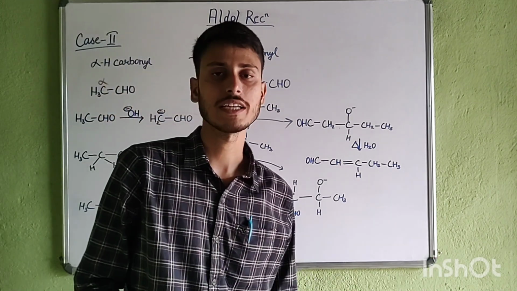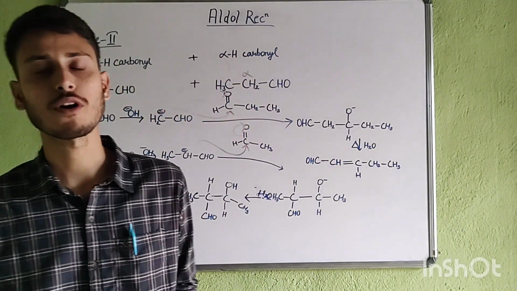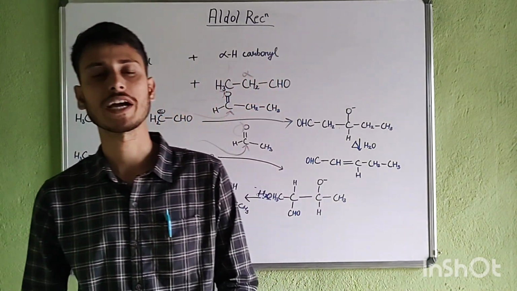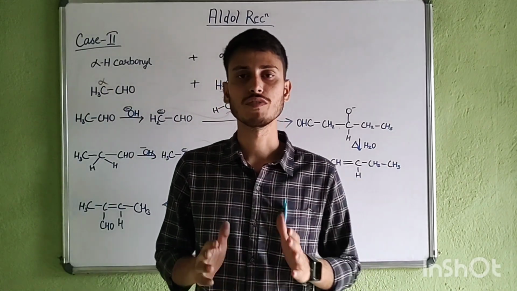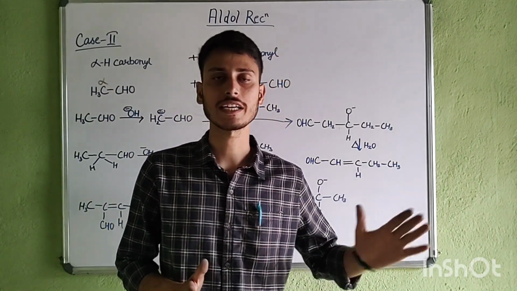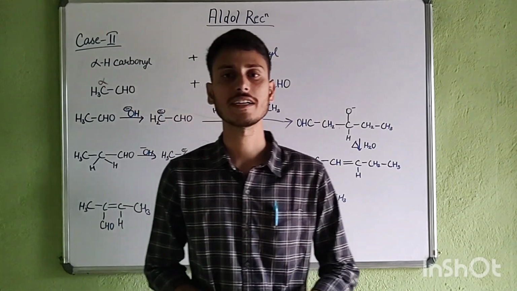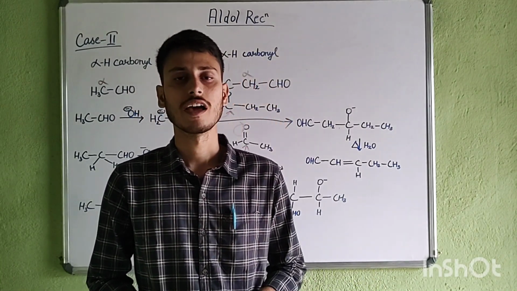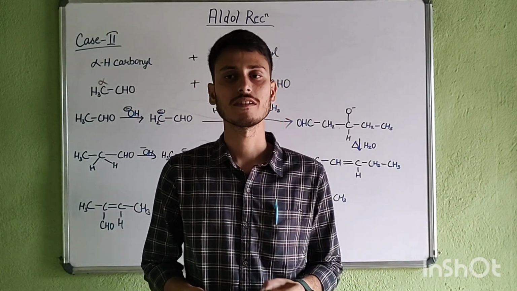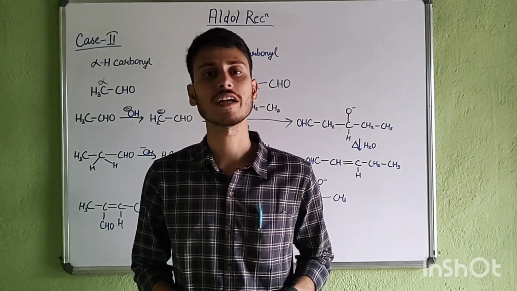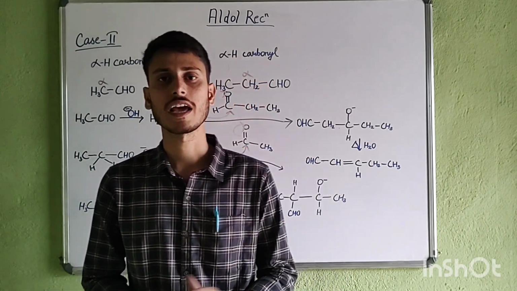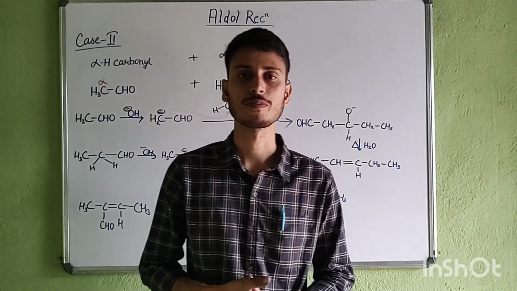Now let's summarize this. The most important thing that we have to keep in mind is that the reactant should be a carbonyl, that is, an aldehyde or ketone, and it must have an alpha carbon where at least one hydrogen should be present, alpha to the carbonyl group.